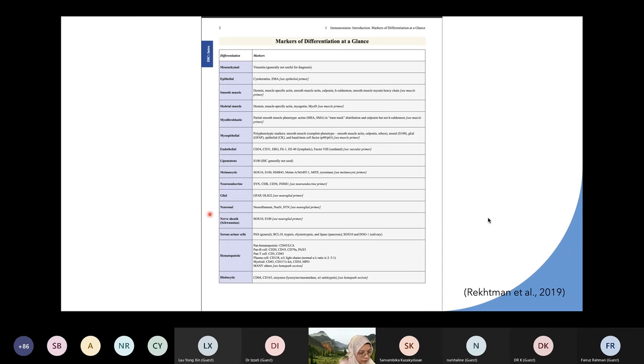And then for hematopoietic cells, for example, in case of lymphoma, this will require a few sets of panels. The basic panels will usually differentiate between B cells and T cells, lymphocytes, for example. And then if you have plasma cells, we have to request CD138 or CD79A.